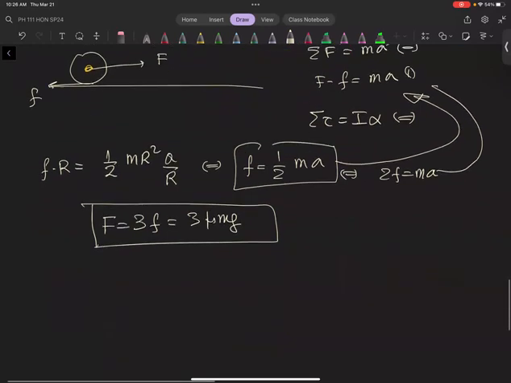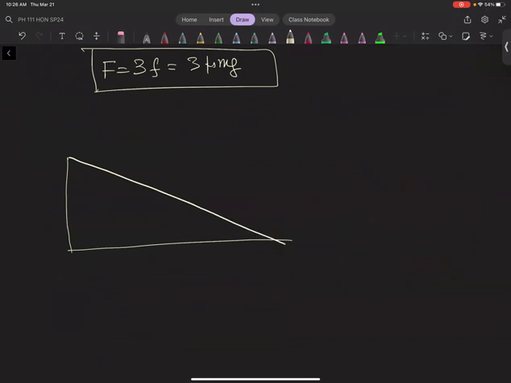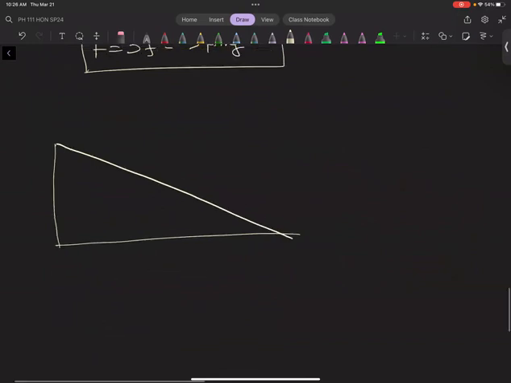Next question is an inclined plane. You have the same disk. You have a mu, and the question is, what will be the minimum friction coefficient that I need?